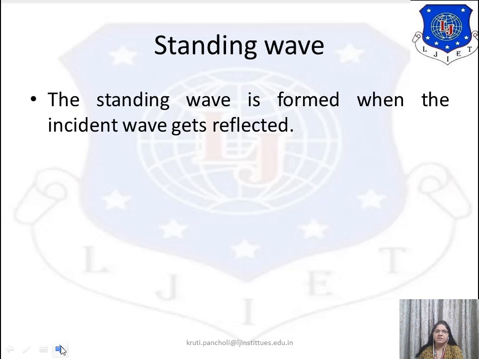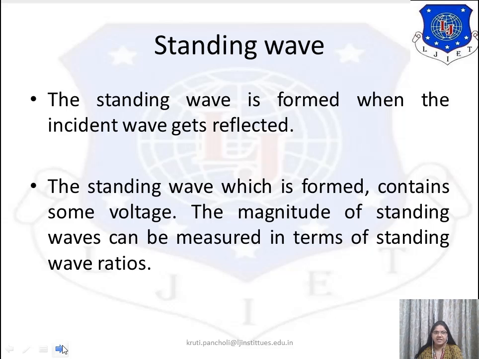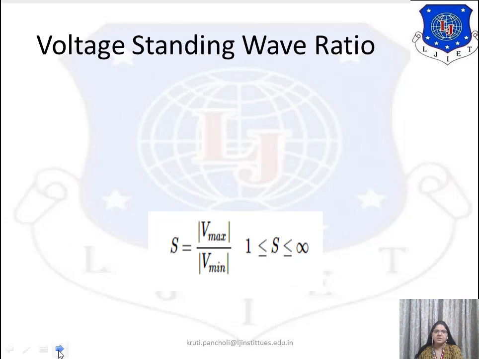So here the standing wave is formed when the incident wave gets reflected. The standing wave which is formed contains some voltage. The magnitude of the standing wave can be measured in terms of the standing wave ratio.